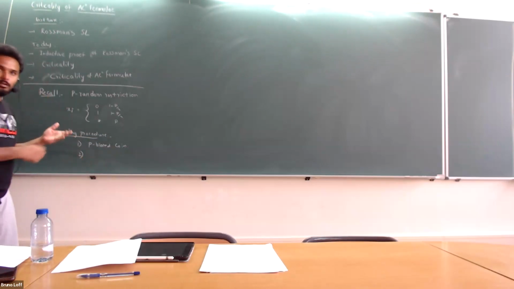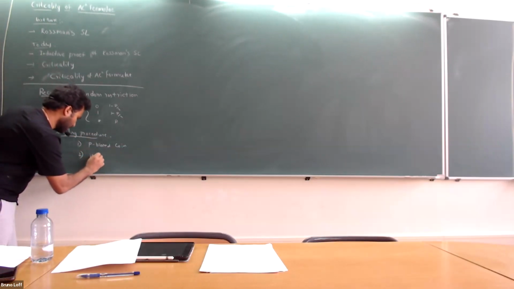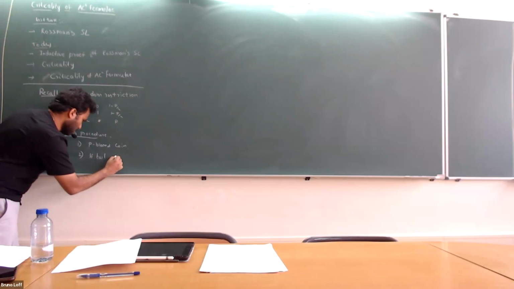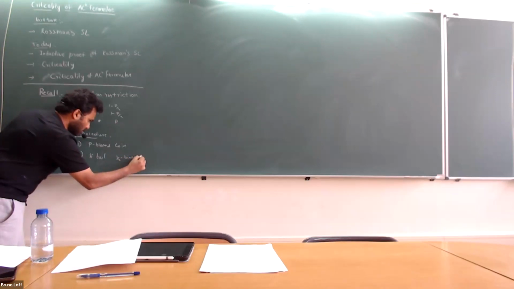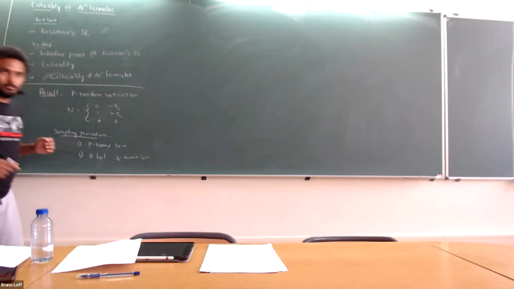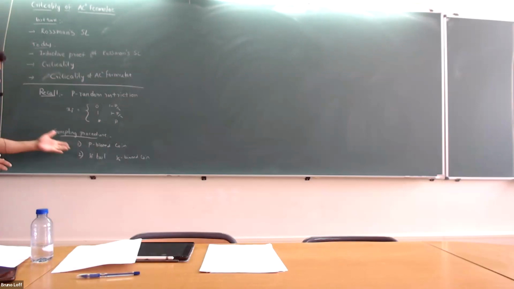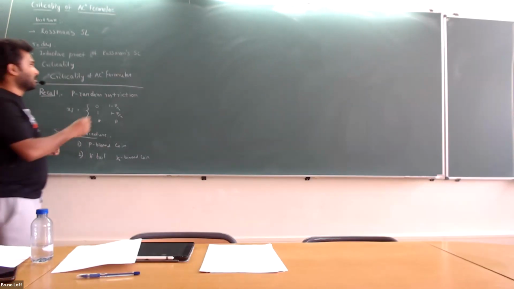And if it's tail, toss a fair coin. And this will give you such a random restriction.